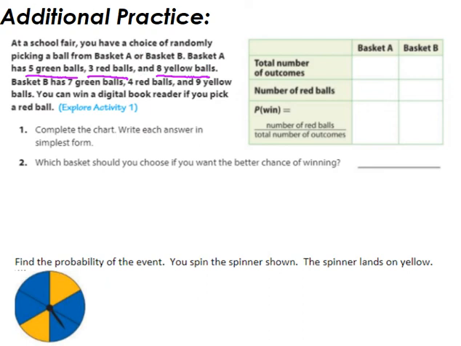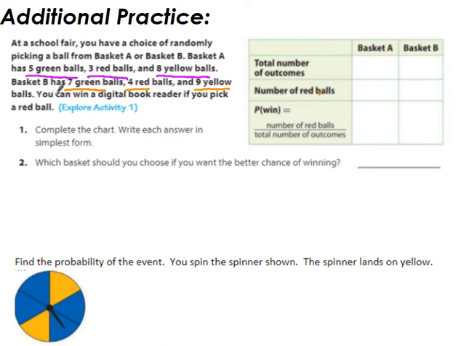Basket B, I'll do this one in orange, has 7 green, 4 red, and 9 yellow. We want to figure out the probability, and if one of them gives you a better chance to win that digital book reader, okay?